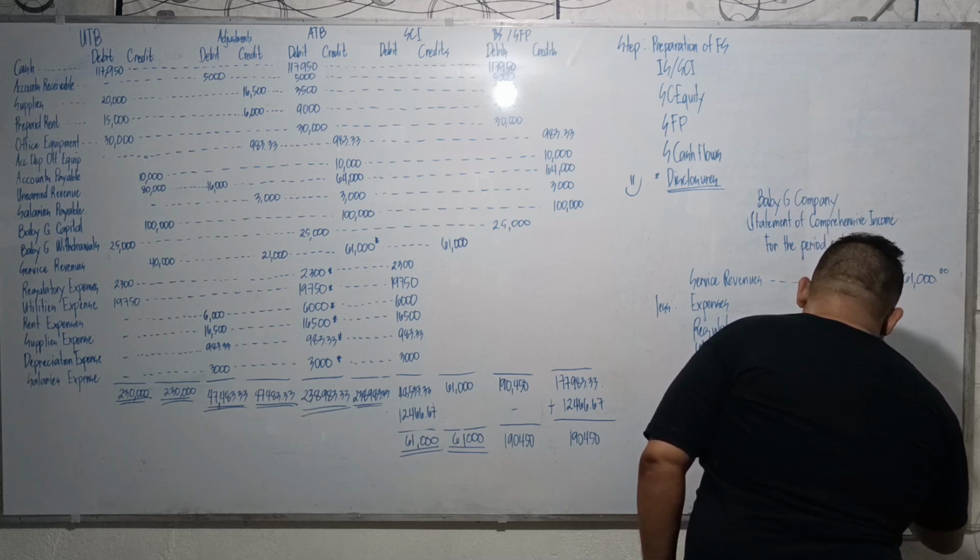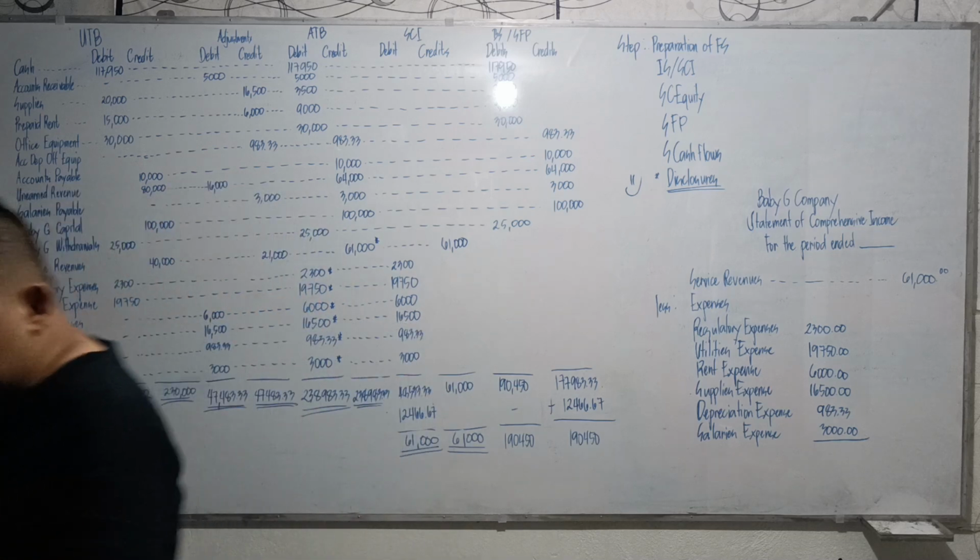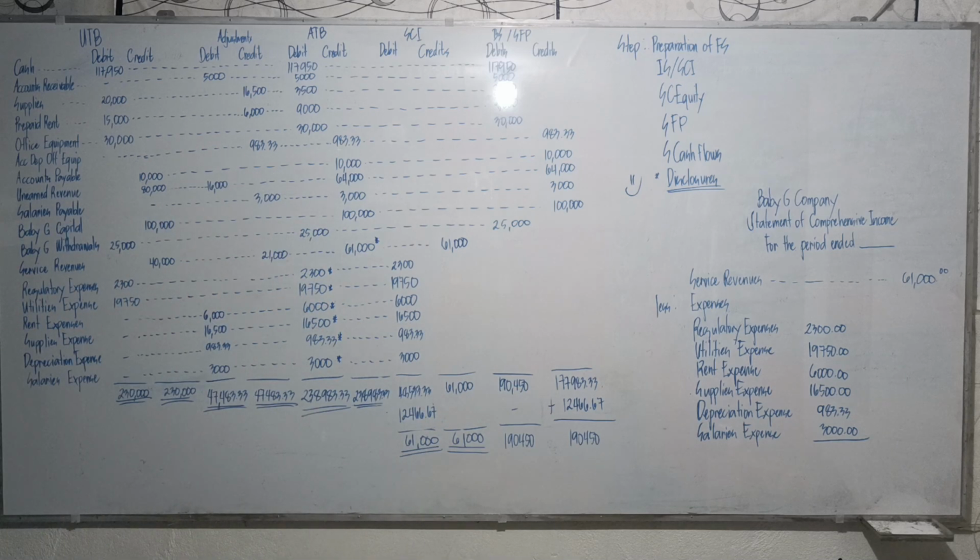So you can check, if we're going to add the expenses, whether it will match the 7th and 8th columns in our worksheet. But let's do that so that we can check. So let's not copy immediately the expenses in the 7th and 8th, okay?